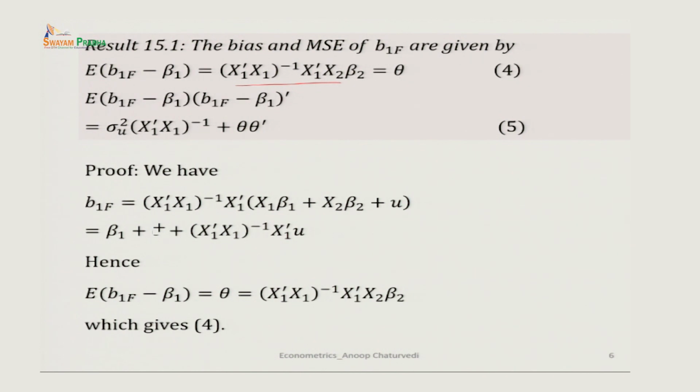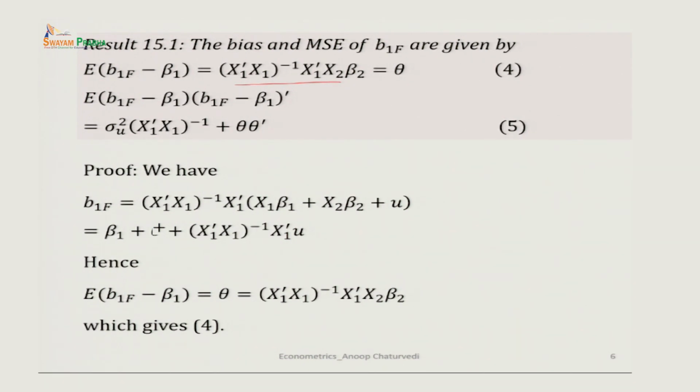So, actually if we exclude some of the relevant variables, then your OLS estimator becomes biased, and this is the bias of OLS estimator. So, this is one of the adverse effects of excluding some of the relevant variables from the model. And then the MSE matrix is this.